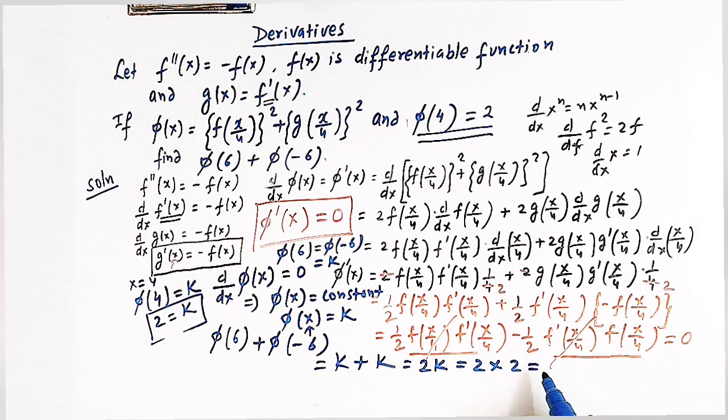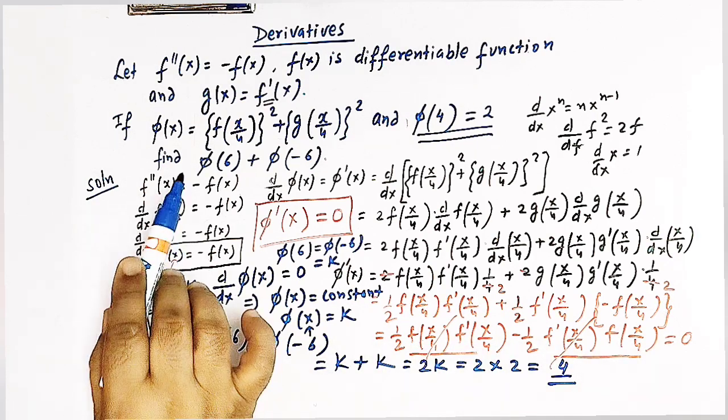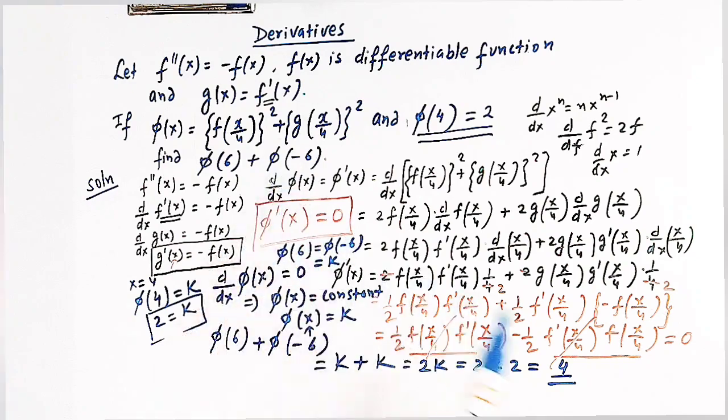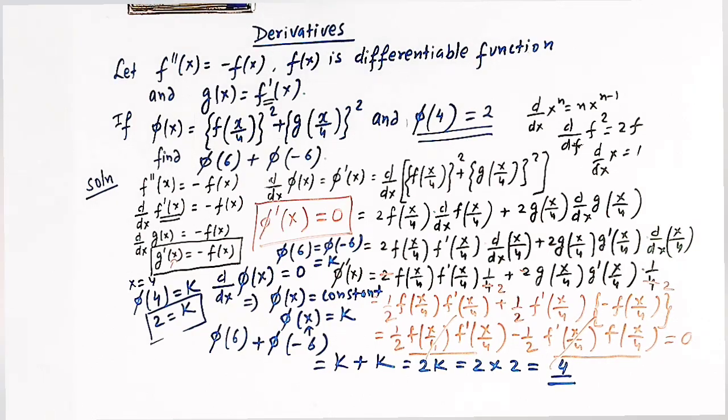So here we have 2 times 2, that is equal to 4, right? So viewers, the value of phi of 6 plus phi of minus 6 is equal to 4. So this is how we can use the simple concepts to solve these kind of problems.